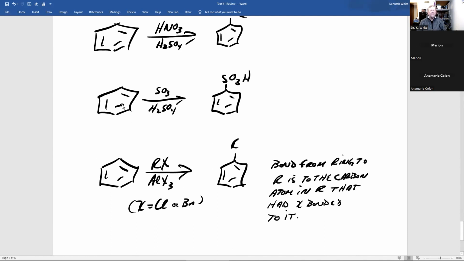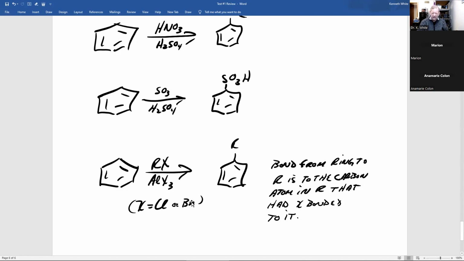If you have a benzene ring, SO3, and sulfuric acid, H2SO4, you put on a sulfonic acid group. I'll teach you later, being able to do this allowed chemists in the 1950s to create the molecules that are used in our laundry detergent. And this is the only reaction I can ask you here.